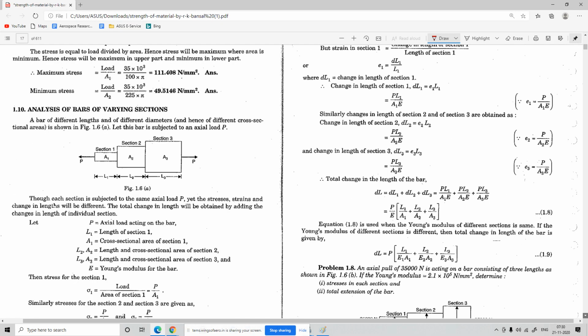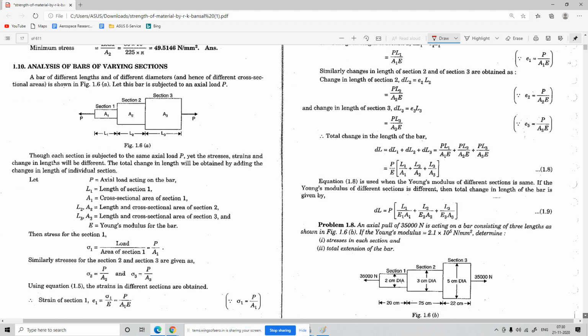Okay. Next we have analysis of bars and section. Before coming to the analysis of bars and section, I would like to note down one more thing. Write down the relation between the moduli.